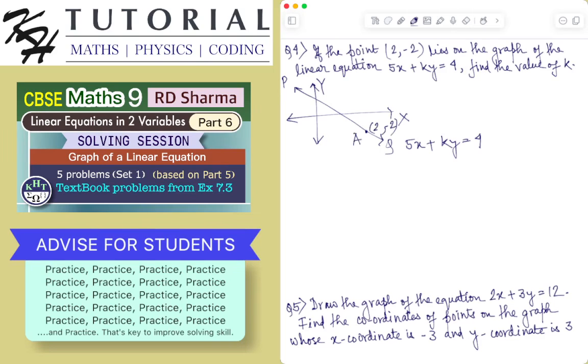So the idea is, if we know the coordinate of a point which lies on a line, then that coordinate as an ordered pair will be a root of the equation of the line.